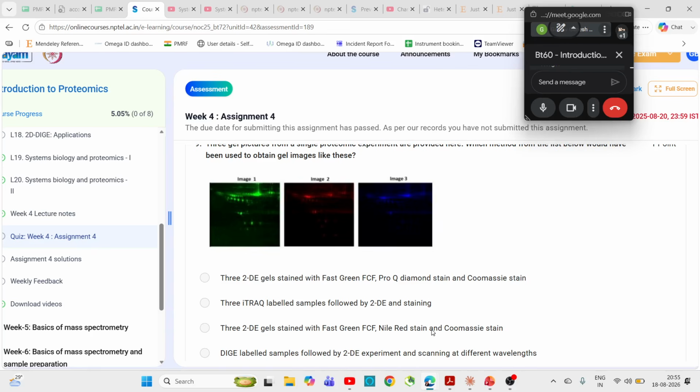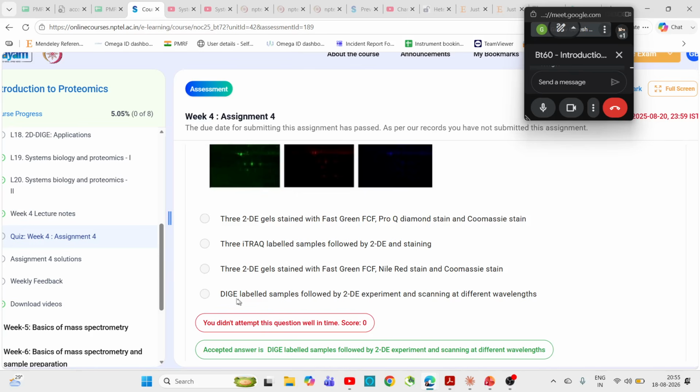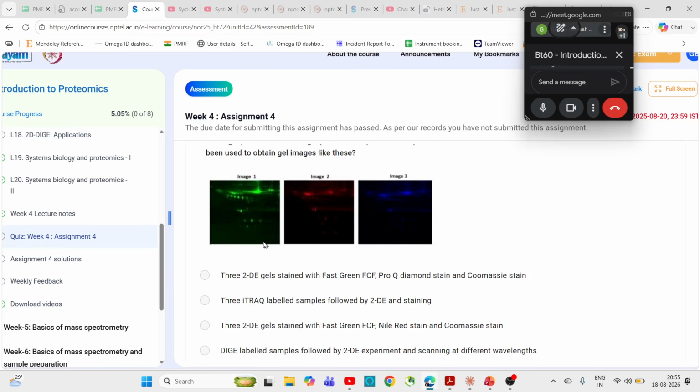Is that so? It's this, right? Because you will be pooling the samples together. Then when you visualize them, only that specific sample will be visualized.